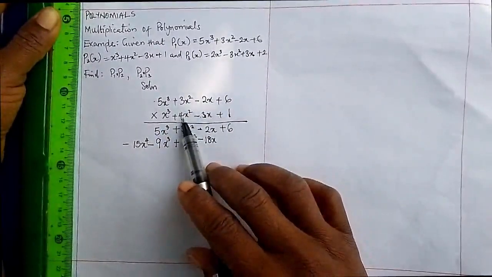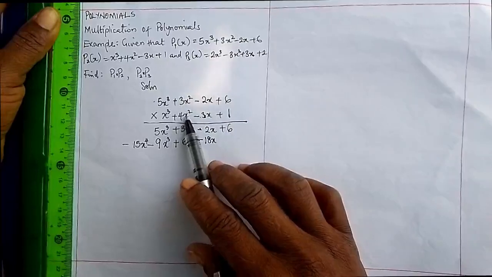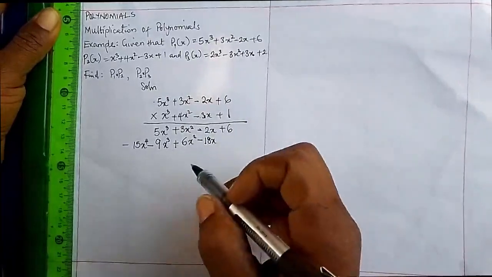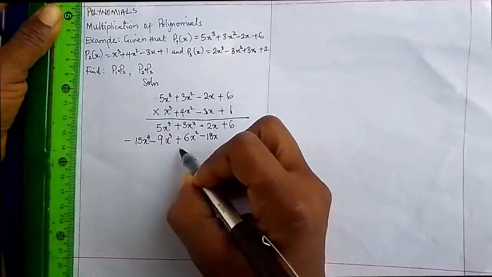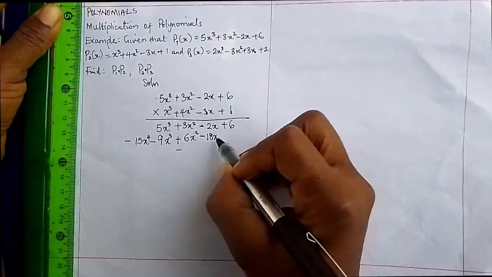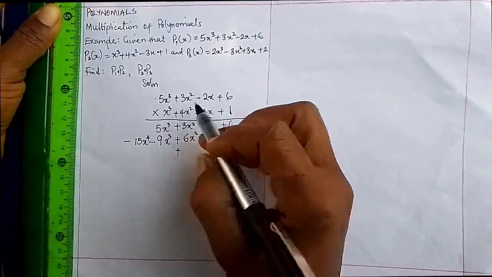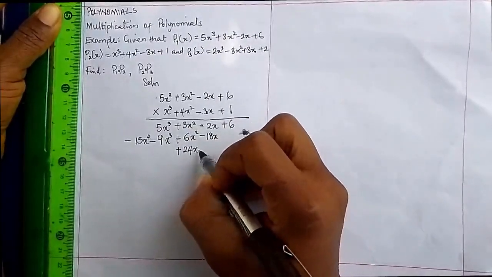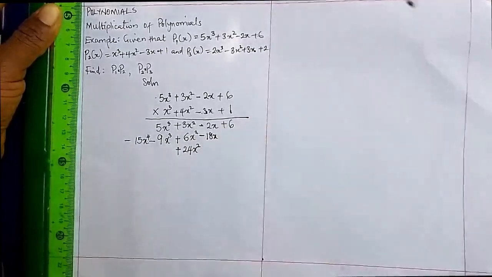Let's go to the third one. We have 4x squared multiplied by plus 6. That's 24x squared.